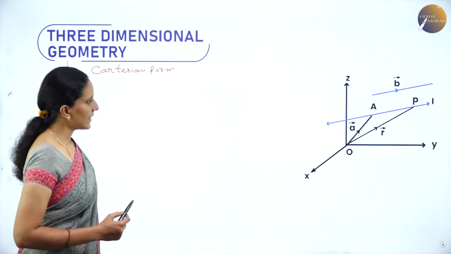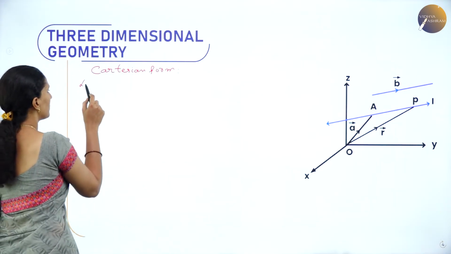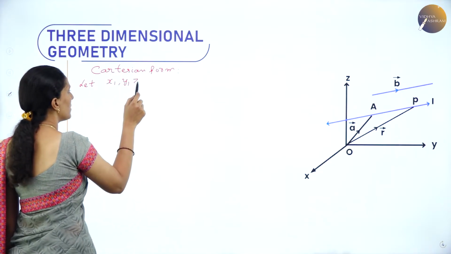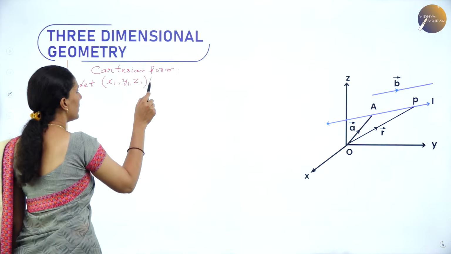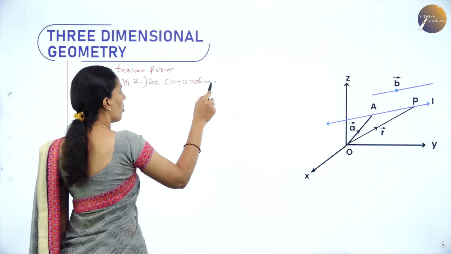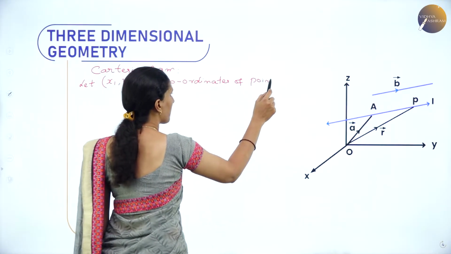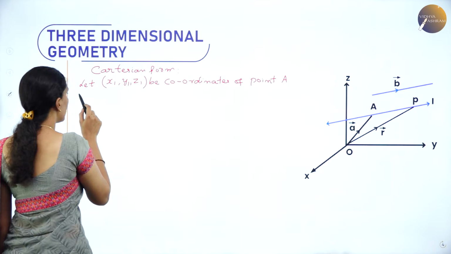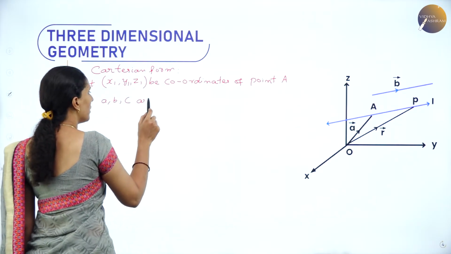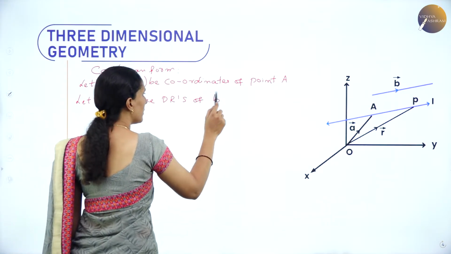So now, as I said, let A be a point on the line. Let x1, y1, z1 be the coordinates of point A. Next, let a, b, c be the direction ratios of vector b.